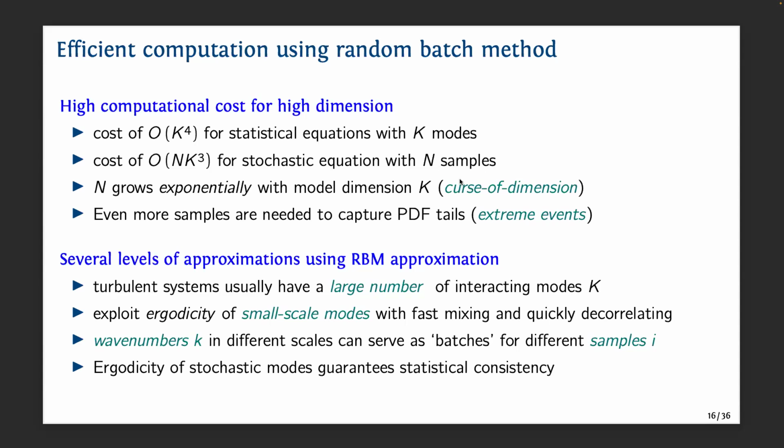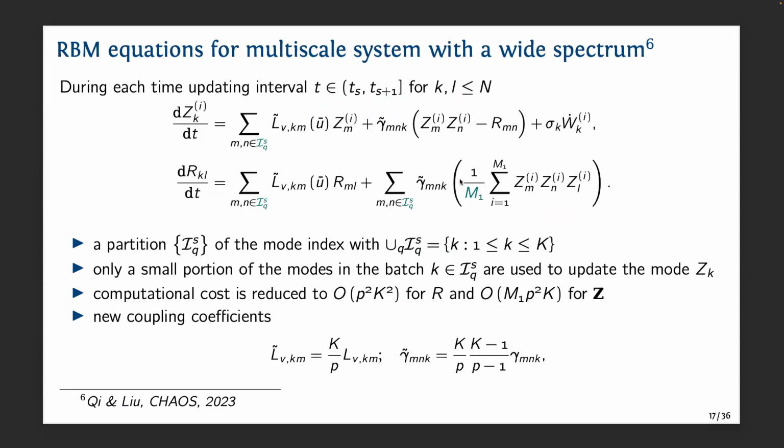So this is a general idea, and what we can do is to write a system like this. Previously, for each stochastic coefficient, we needed to do the summation over all the wave numbers from 1 to k squared, right? But now we just pick a small portion of modes in this summation, both for the stochastic equation and the statistical equation.